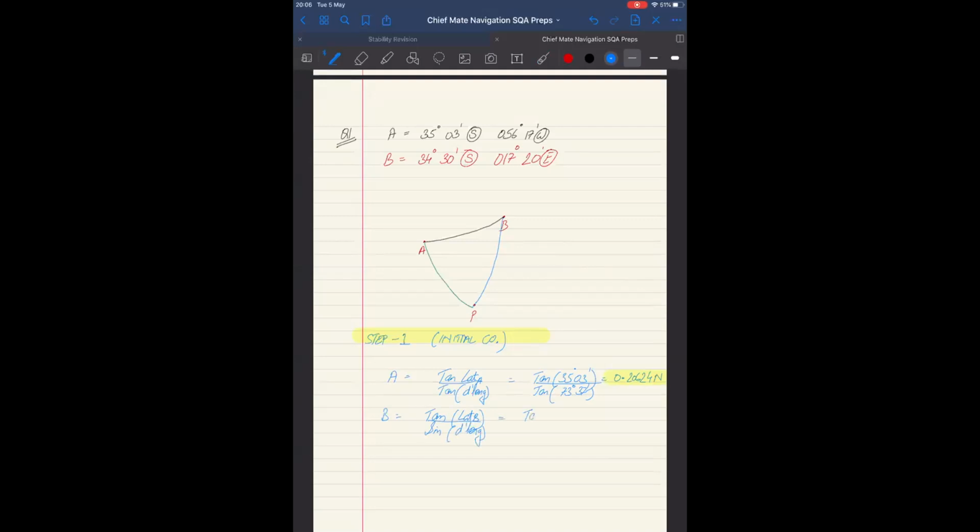So it is tan of lat B, which is 34 degrees 30 minutes, divided by sine of 73 degrees 37 minutes, which will give me an answer of 0.71637.